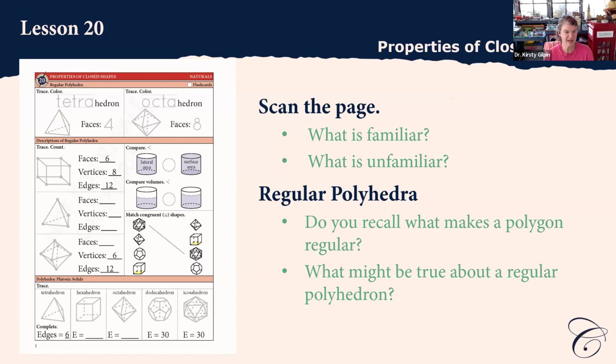Is there anything else on this page that stands out as something interesting to you? I think identifying the vocabulary of faces, vertices, and edges would be helpful, depending on what age you're talking to, but I think that's something kids need to figure out.